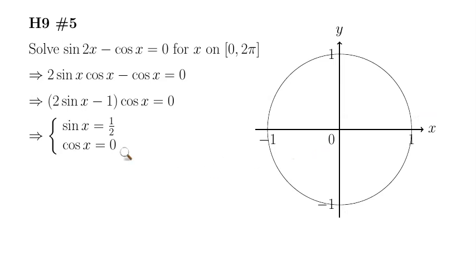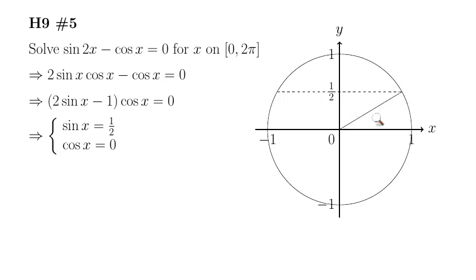So we want to solve for sine of x equals 1/2. Sine of x represents the y-coordinate of the point on the unit circle. So I'm going to draw a horizontal line at 1/2. 1/2 is right in the middle right here. The first angle is going to be for this point on the unit circle.